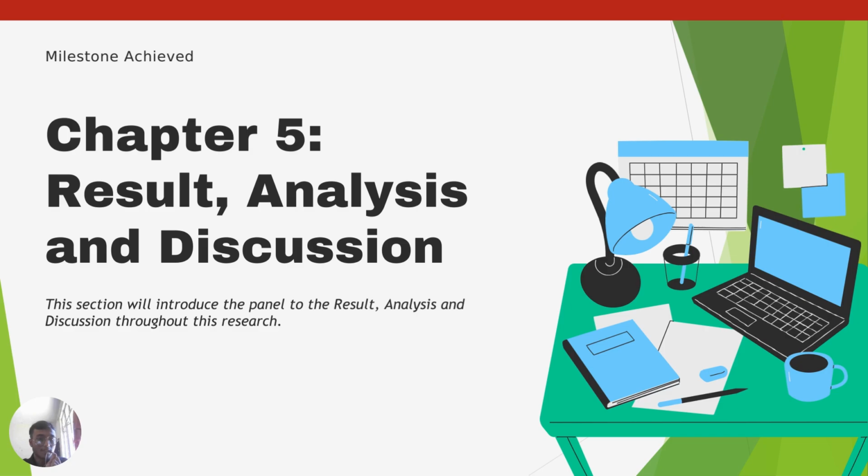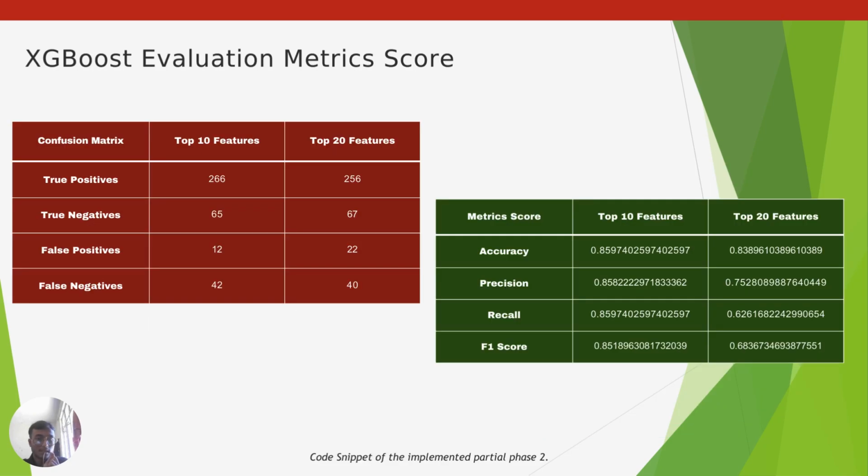And when it comes to XGBoost, it goes 0.8 on all four metric values. On the top 20, you can see 0.83 for the accuracy, 0.75 for the precision, 0.62 for recall, and overall it gains 0.68.